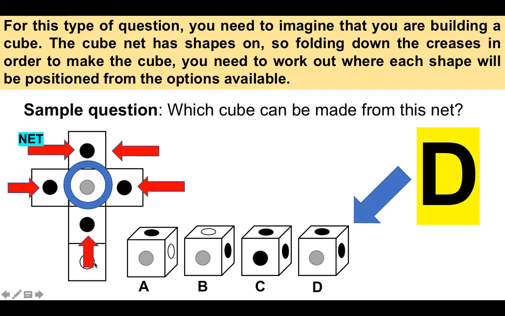You could focus on the white circle instead and look for corresponding shapes or colours around it, and either eliminate incorrect answers or choose straight away the correct answer.